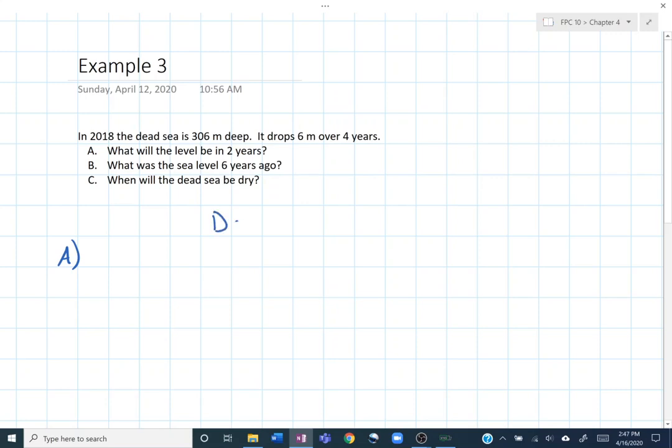So let's call that D, how deep the Dead Sea is. It drops, so let's call that our rate, a rate of how fast it drops, rate of sea level drop.